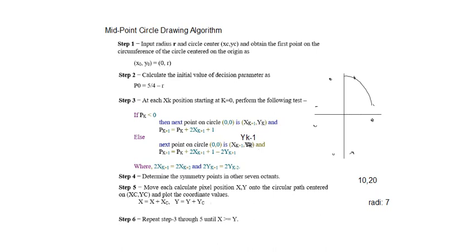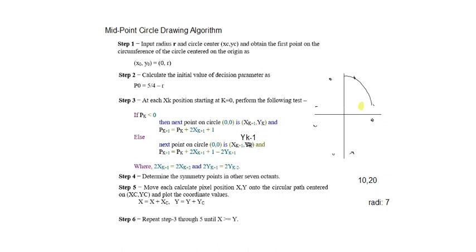If I am drawing it on the origin, but the required center is here at this particular point, I will find the points around the origin and then shift my points in this direction.